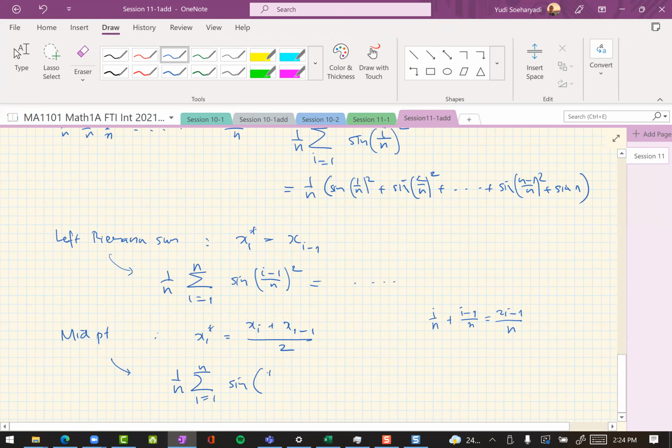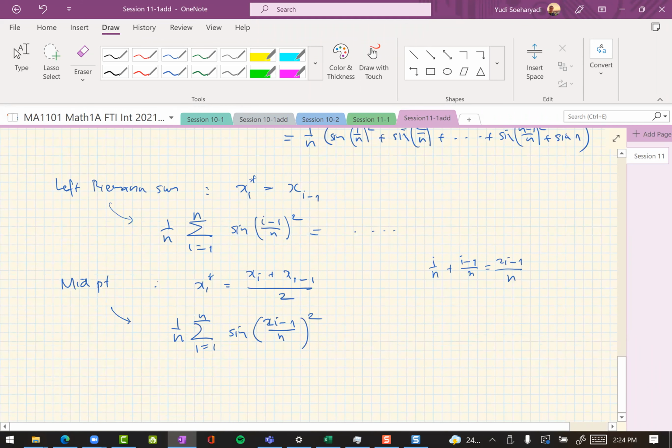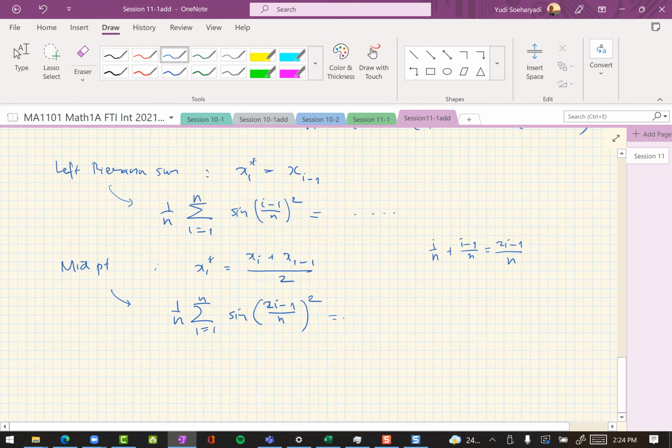Okay, so that's all the approximation of the integral. Okay, so far?